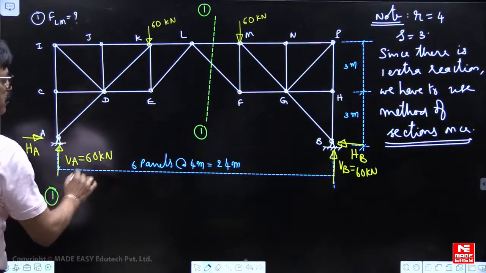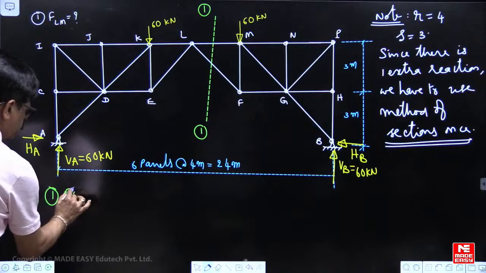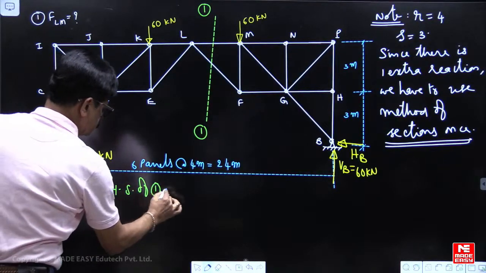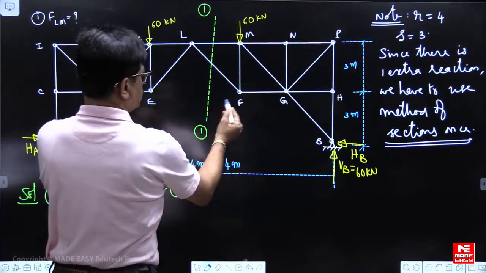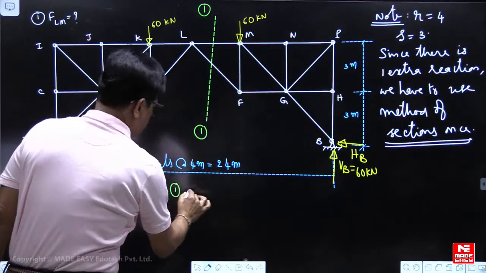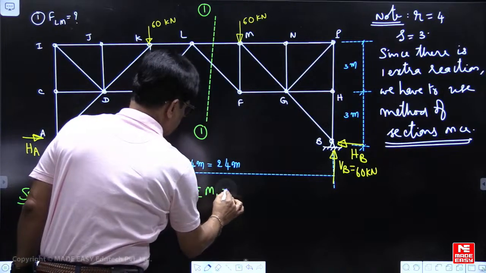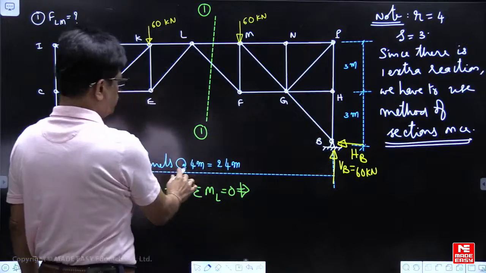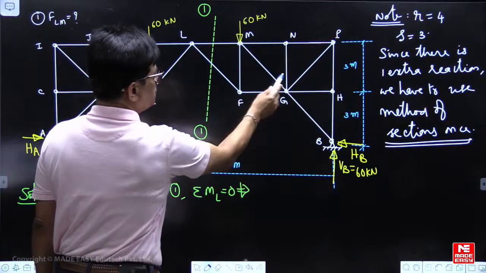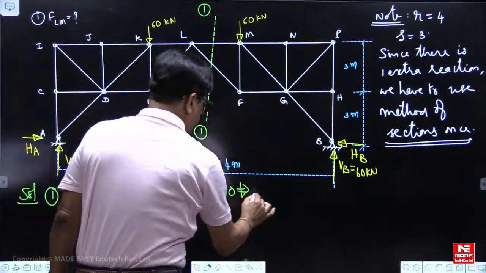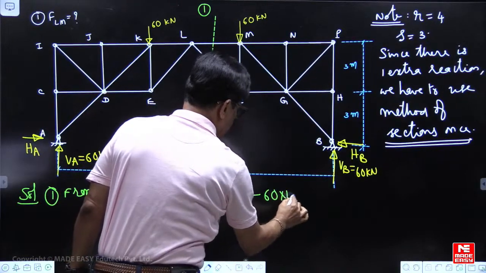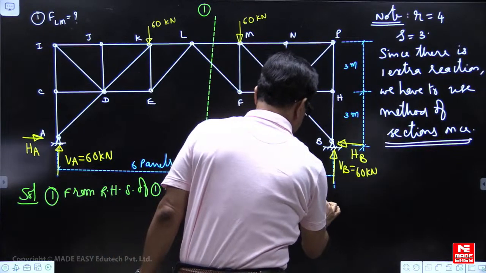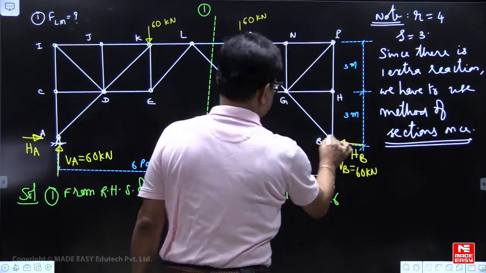That is your first process. From equilibrium of the RHS of 1-1, take moments of all forces about L. Sigma ML is equal to 0. Six panels are there at 4 meters each: 4 plus 4, 8 plus 4, 12. So minus 60 into 12, plus HB into 6, clockwise.